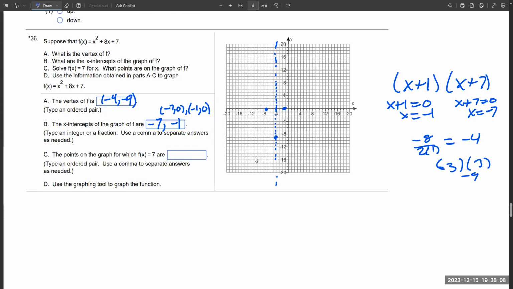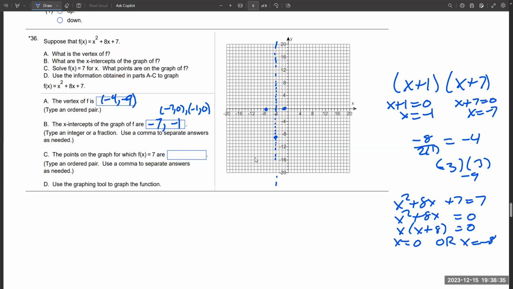Point on the graph for when y is 7. So we're going to say x squared plus 8x plus 7 equals 7. X squared plus 8x equals 0. And I can factor, and we get our solutions x equals 0 or x equals -8.